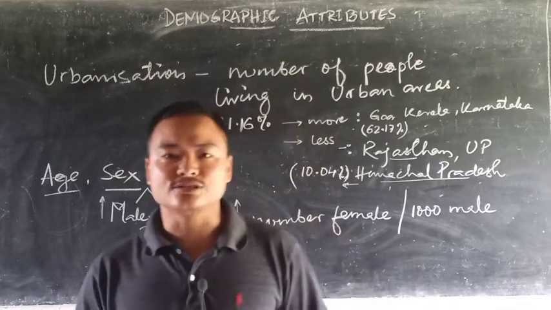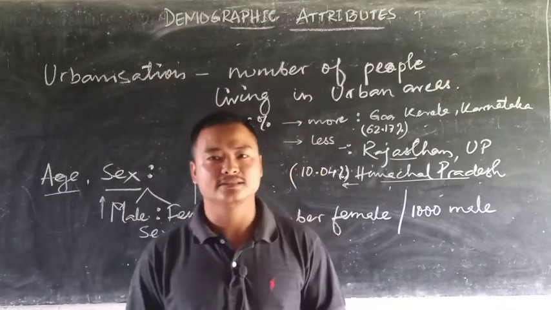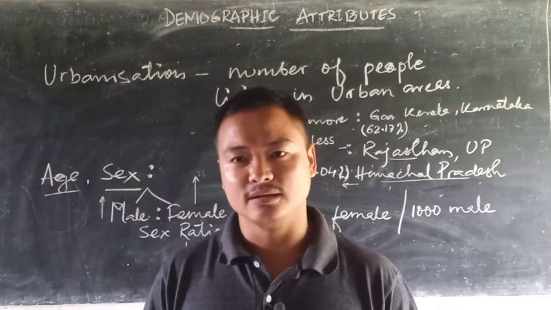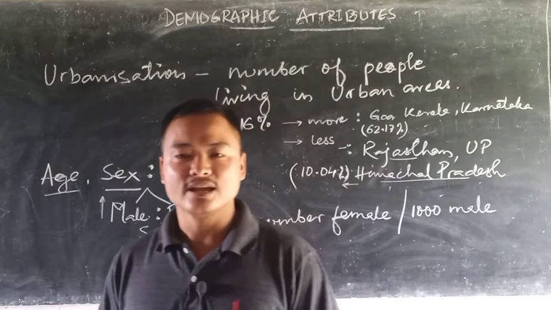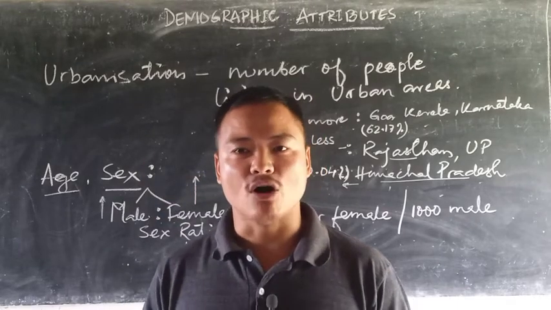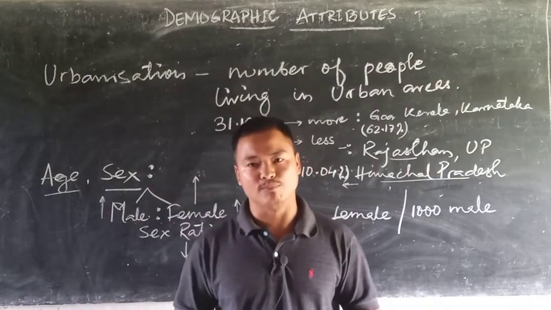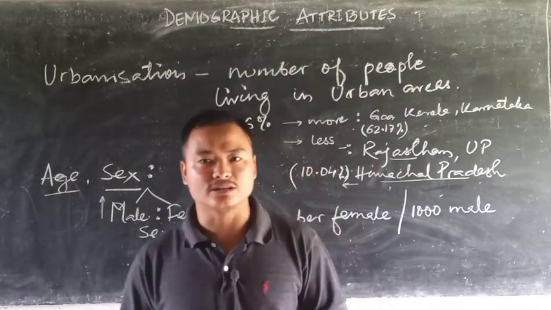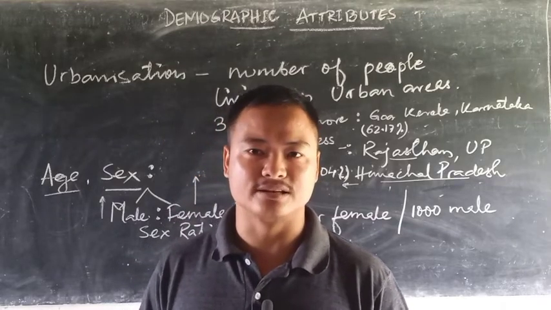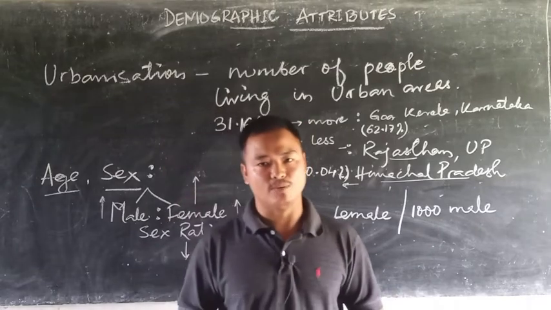In India, it is also seen that the education policy for the females is at a low regard as compared to the male. In this, what we can say is, we see that the female population in schools and colleges or universities is much lesser as compared to the male population. So lack of education also results in a lesser sex ratio, that is, a smaller female population compared to the male population.